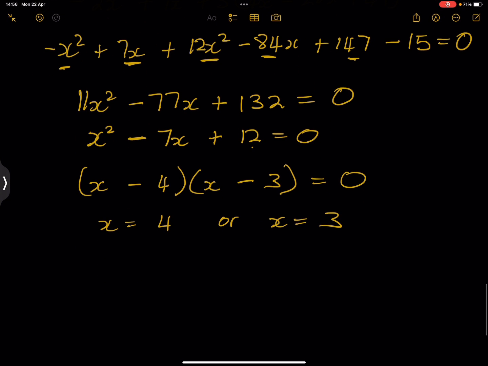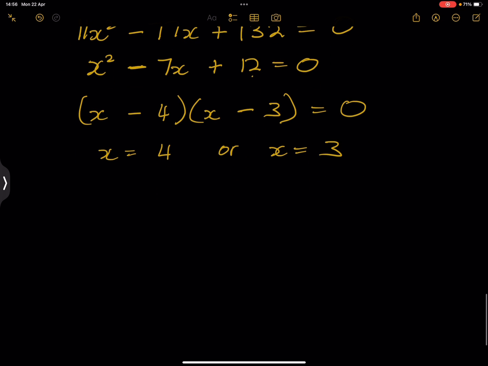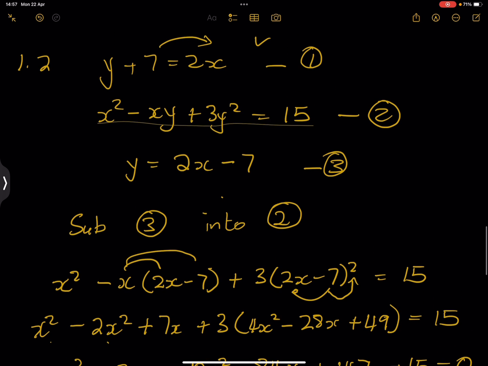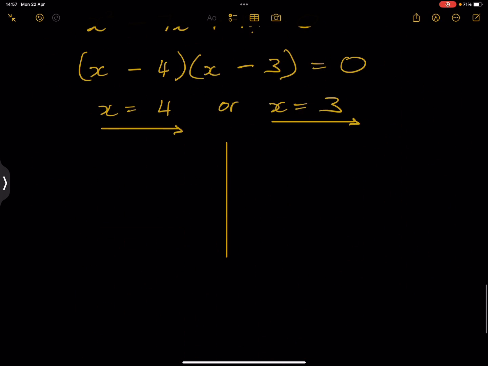Now I want you to please note, ladies and gents, which means we now need to get the corresponding y values. All I'm going to do is take my solutions, as long as they are not going to make my equation undefined, and substitute back into equation 3. So substitute x is equal to 4 in equation 3.